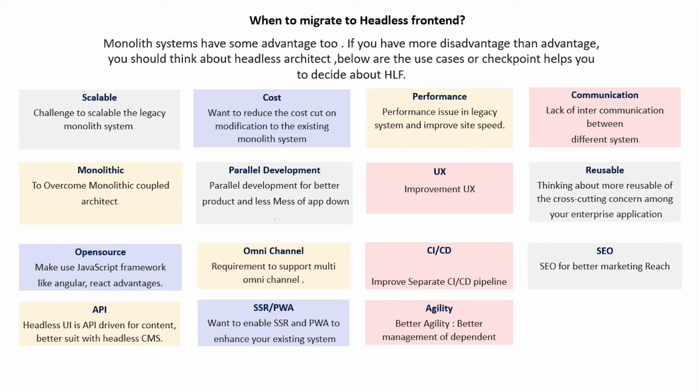And the other thing is performance. In the first part, Matthew also explained performance. It's one of the three pillars of frontend, right? So performance is an important thing for any application. If you're facing performance or page slowness issues in your existing monolithic application, sometimes it's very difficult to fix because it's tightly coupled.